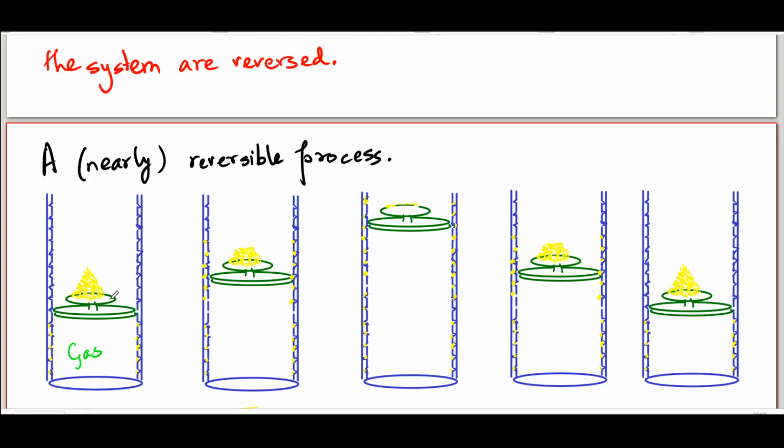At the next step, what I'm going to do is move another grain of sand, put it into a slot, maybe here. And the same thing repeats. The piston moves up very slightly. No work is done in the process in moving the sand grains. Of course, the gas does positive work when it goes up.